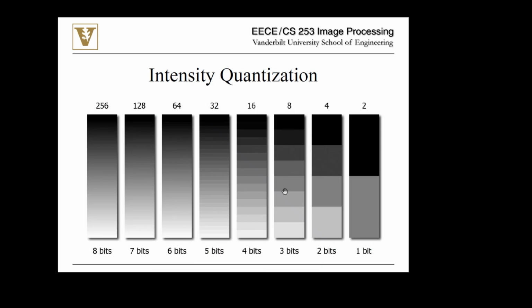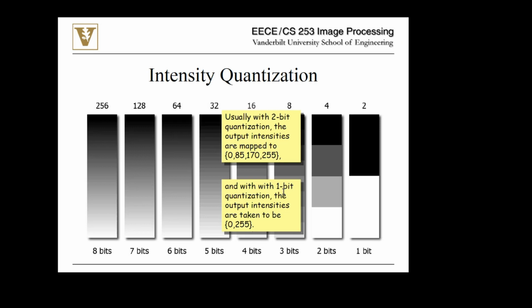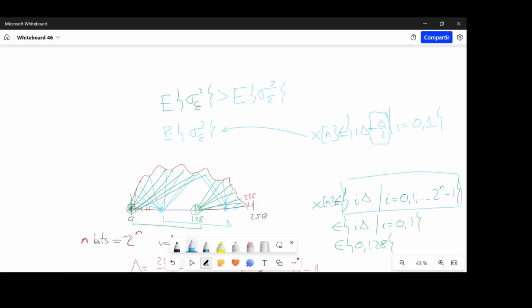Okay, so here we have our intensity scale. And so this is the green. Also, for instance, you can take these values, 2 bits. Take this one. In general, this is referring to how you choose.